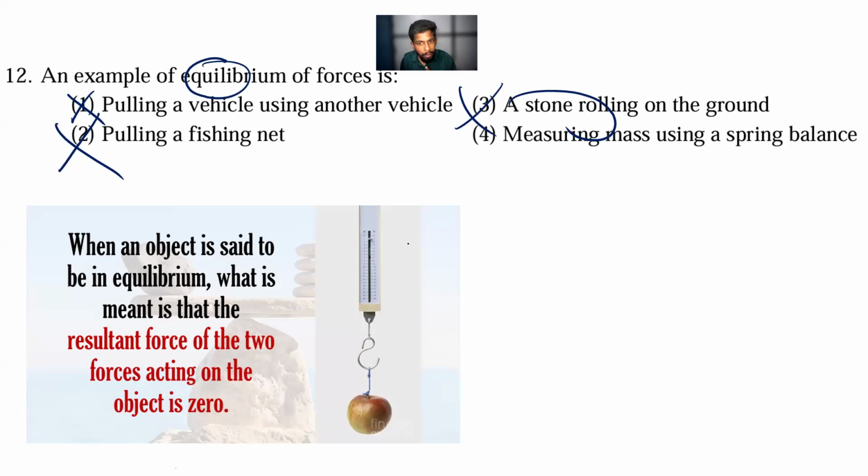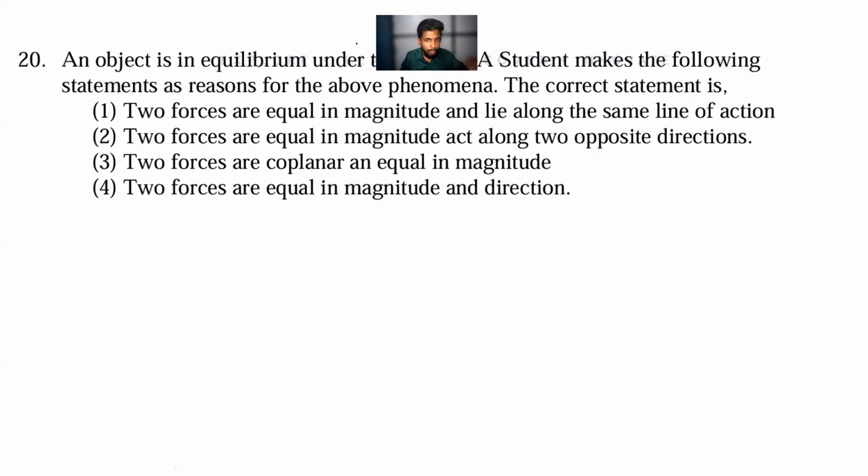When you are measuring the mass, what will happen? The apple at the balance, 50 Newton at balance, that is the answer. Fourth one, simple, right? So I think there's nothing to write here. Fine.